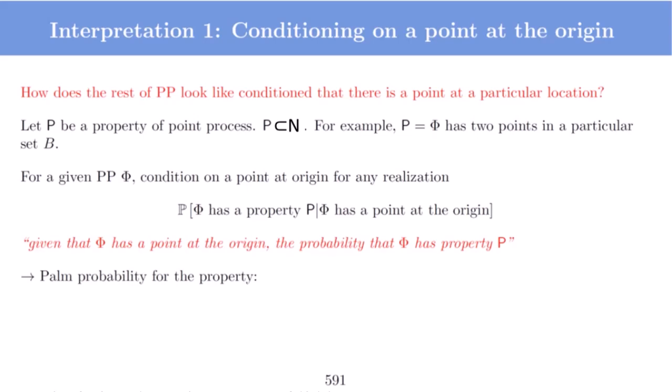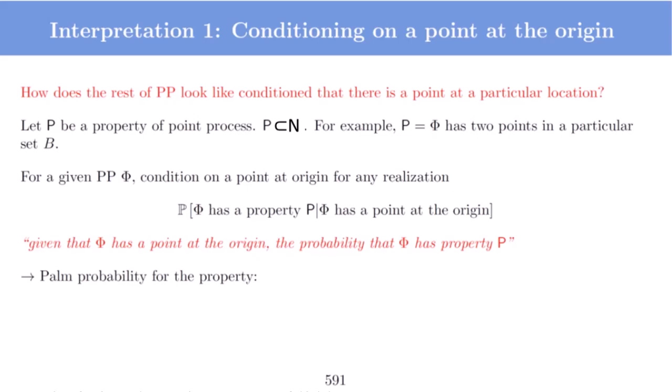Now for a given PP, if we condition on a point at the origin, then for any realization, the probability that phi has a property P, conditioned on the fact that phi has a point at the origin, is known as the palm probability of this property P. So what will be the normal probability of this property P?